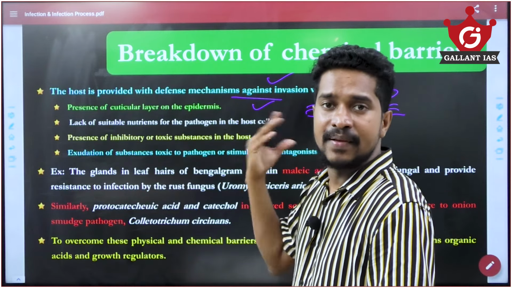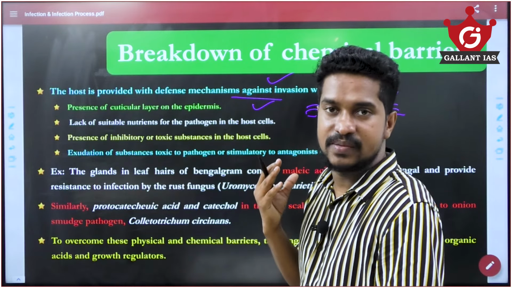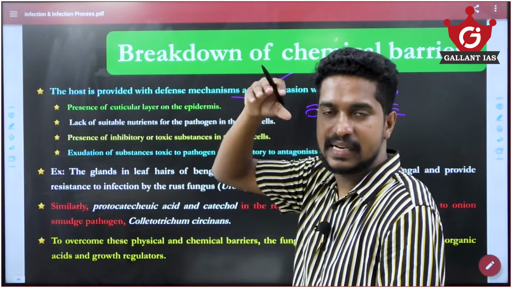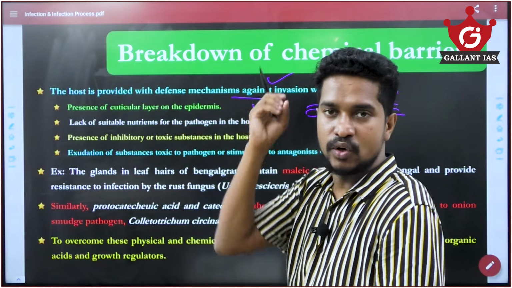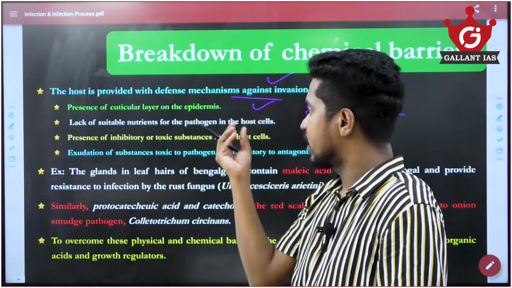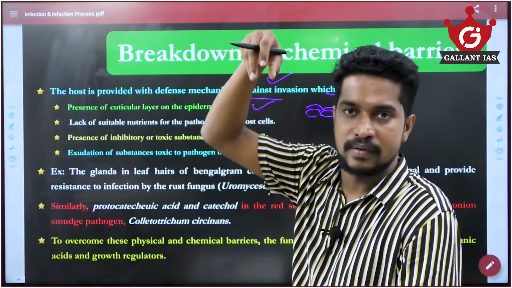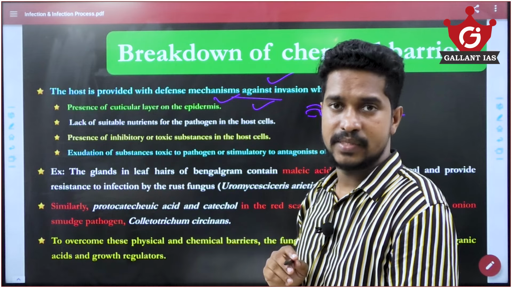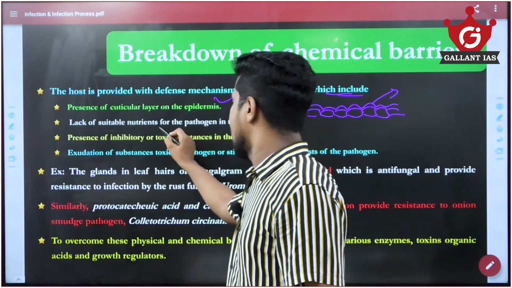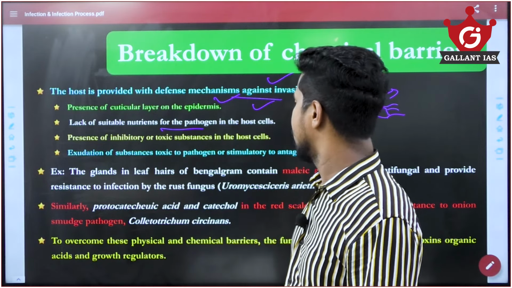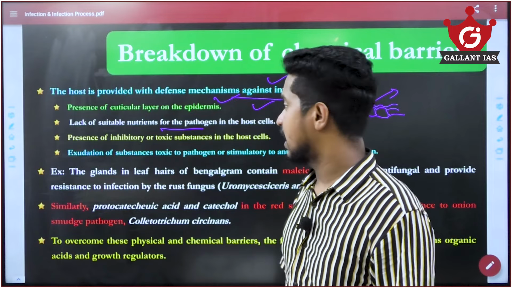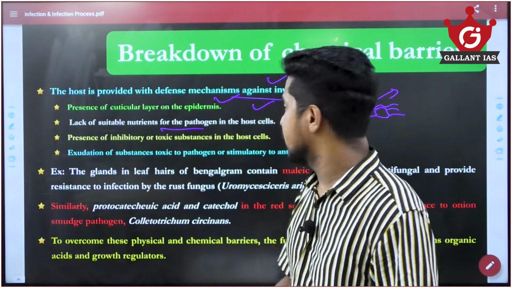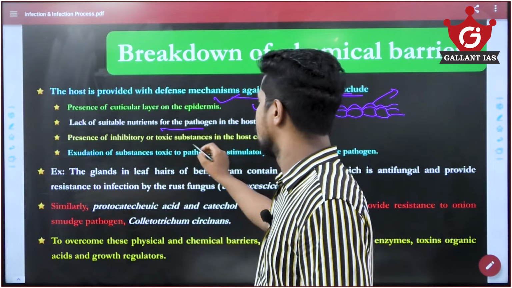So naturally, plants with the defense mechanism have a thick cuticle on the epidermis, so the foreign invaders cannot enter into the epidermis. Another factor is the lack of suitable nutrients for the pathogen in the host cell.